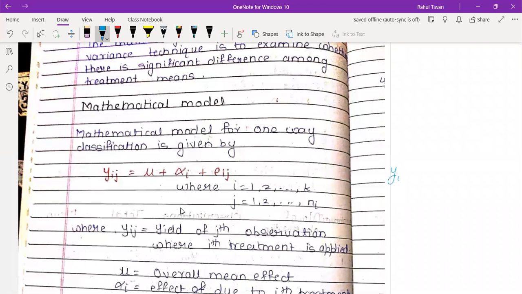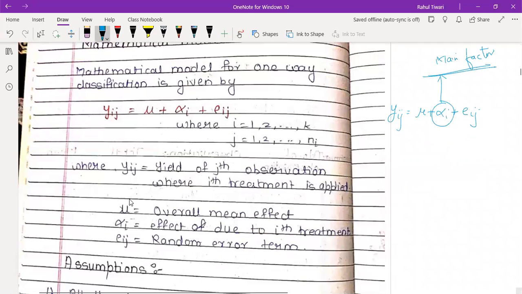Yij is equal to mu plus alpha i plus eij. What is alpha? Alpha is my main factor. You have to understand what Yij is: it is the yield of the jth observation where the ith treatment is applied.